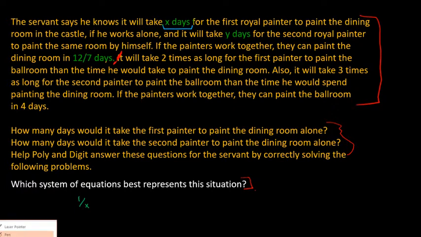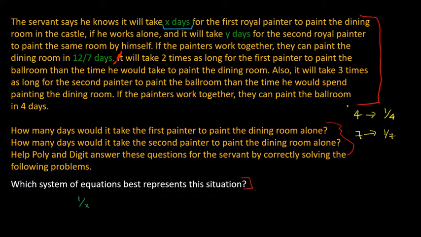Another way to think about this: say it'll take me 4 days to paint a fence. That means in 1 day I can paint a quarter of the fence. Or if it takes me 7 days to drive to Maine, then in 1 day I can drive 1/7 of the way to Maine.